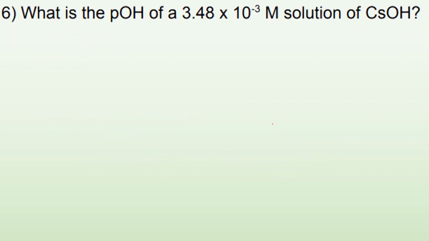Number 6, what is the pOH of this concentration of CsOH? All right, so this is another strong base, and this time they want the pOH. Well, if it's a strong base, that means it completely dissociates, and I get 1 OH minus. So the concentration of that compound is the concentration of my OH minus.